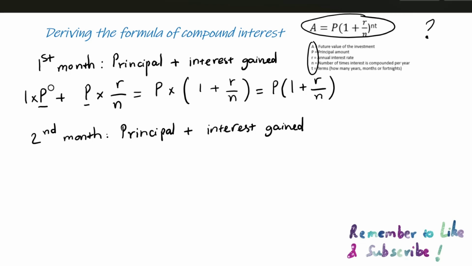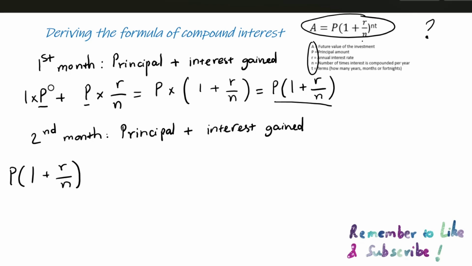Let's say you started off with $100 for the first month. By the end of that first month, you would have earned a bit more. It would be more than 100. So whatever you were left with for the first month, and in our case is this number, would be what you start with for the second month. So there we go, we have a different principal now.